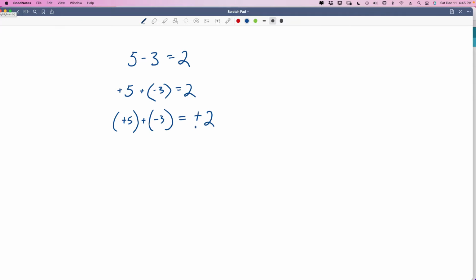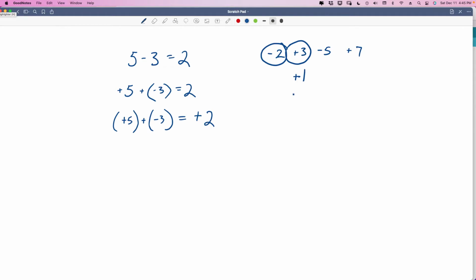All right, so let us do a practice problem here. We have negative 2 plus 3 minus 5 plus 7. So we're going to take negative 2 and combine it with positive 3. Different signs. The larger number is a positive, so we subtract 2 from 3 and we get 1.